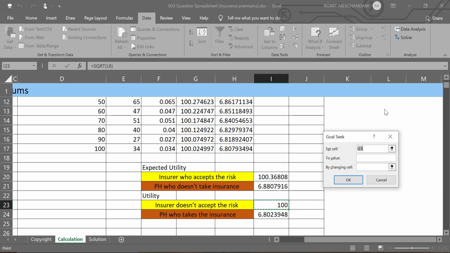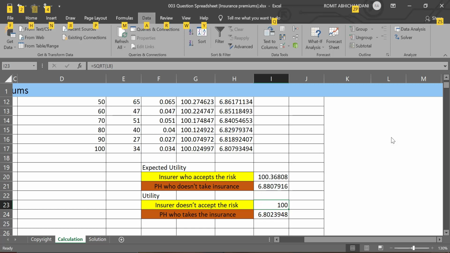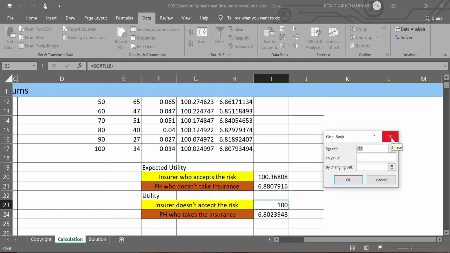That's goal seek, Alt AWG. You can do it very fast every time. Whenever you want to do goal seek, it's Alt AWG and you'll directly get it. That's the way to get fast on Excel once you start remembering these.